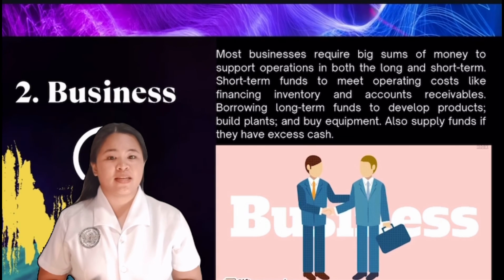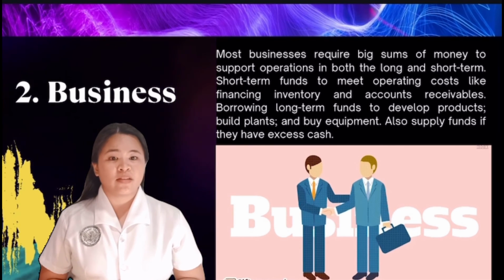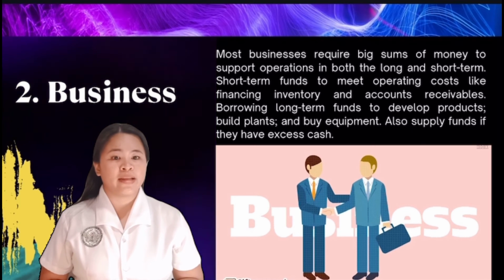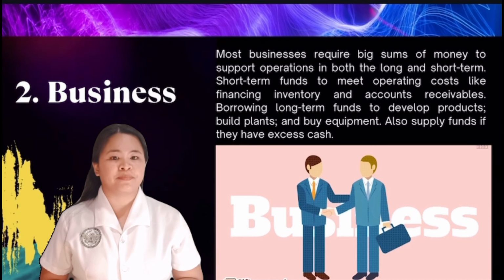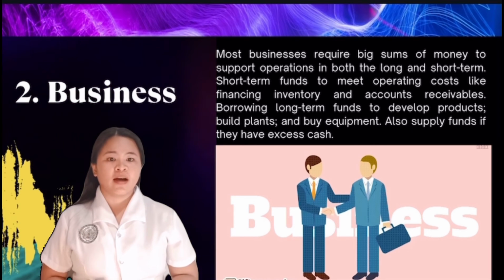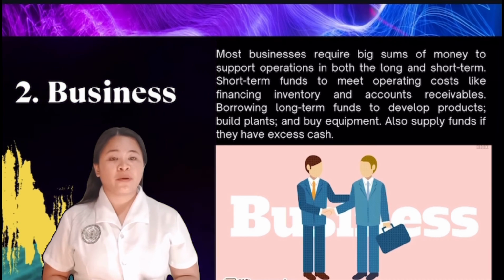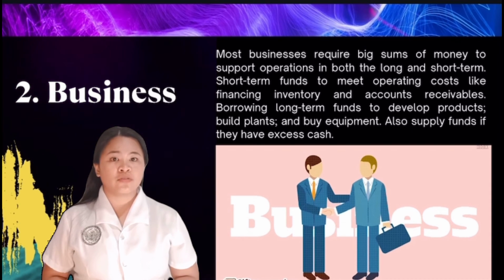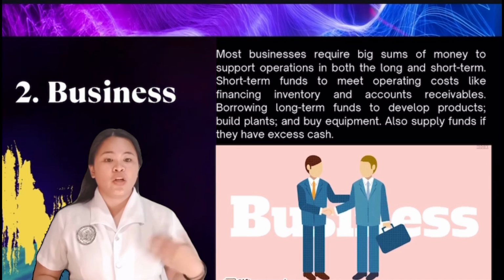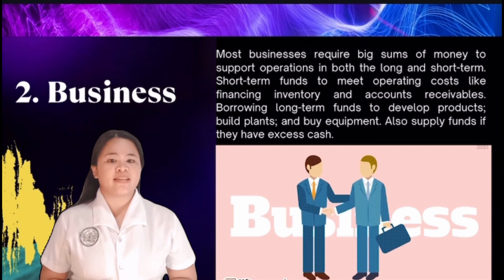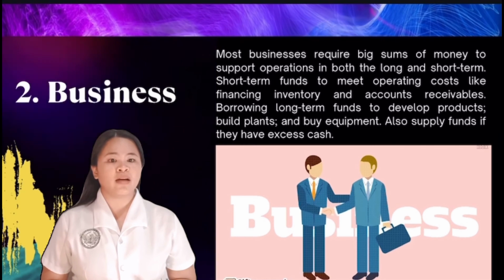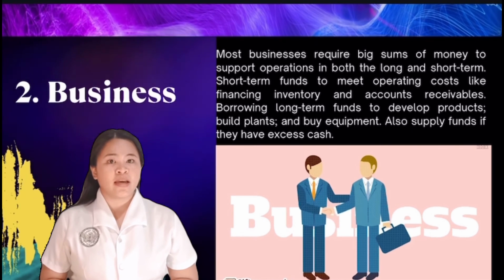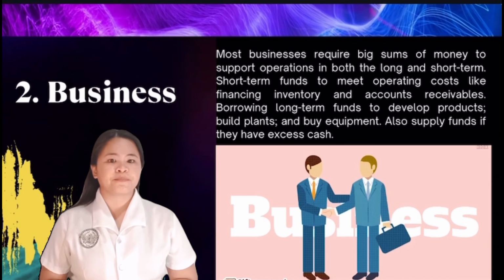Second is the business. Most business require big sums of money to support operations in both long and short term. On the short term, funds are used to operating costs like financing inventories and account receivables. Long-term needs of businesses are concentrated on seeking funds to develop products, building plants, and buying equipments.